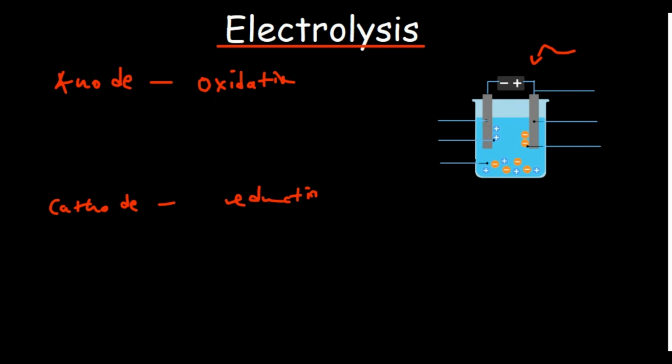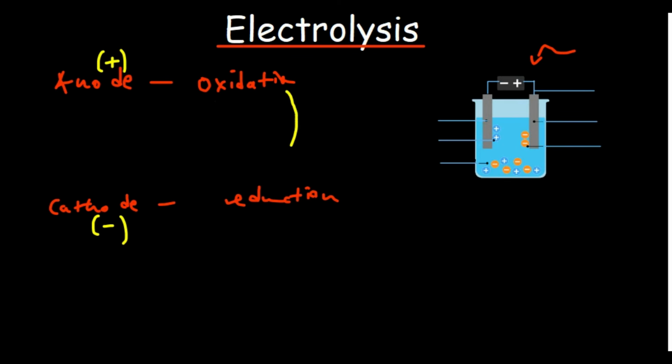Now what you need to take note of under an electrolytic cell is that the anode is connected to the positive terminal of the power source, and the cathode to the negative terminal. So, I've said oxidation occurs at the anode, and oxidation is loss of electrons.